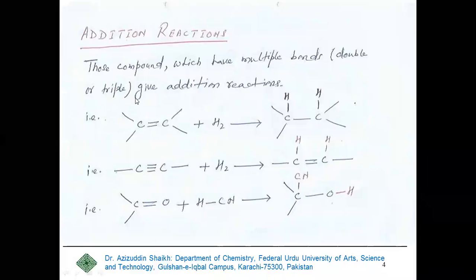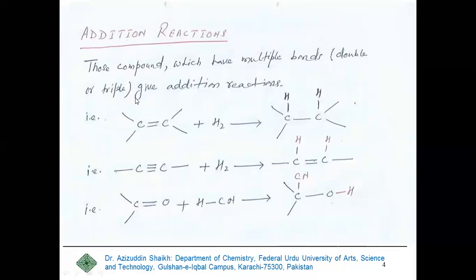So they are unsaturated compounds, for example, alkene and alkyne. Carbonyl compounds, C double bond O, also have a double bond, but the most usual examples are alkene and alkyne. In the carbonyl compound, the double bond is present in the functional group.